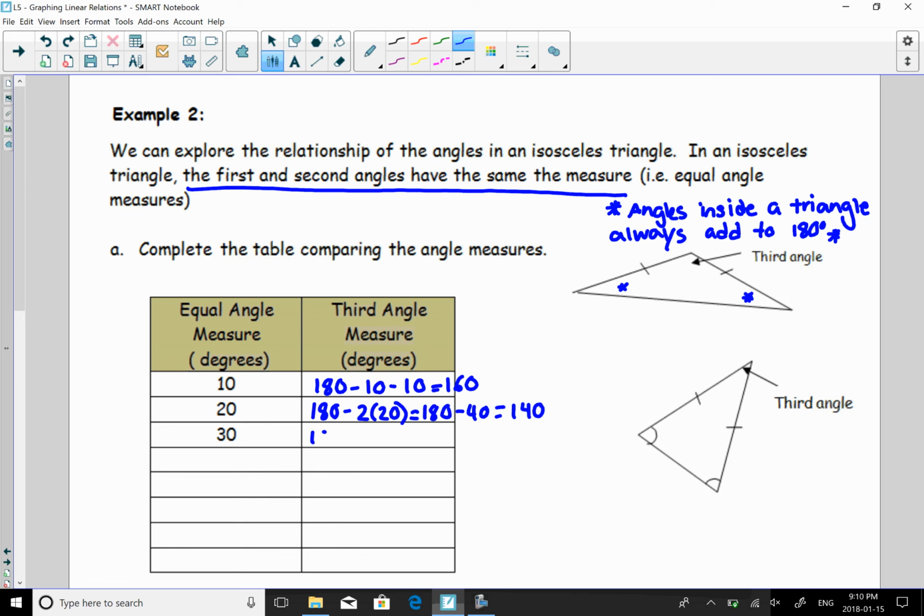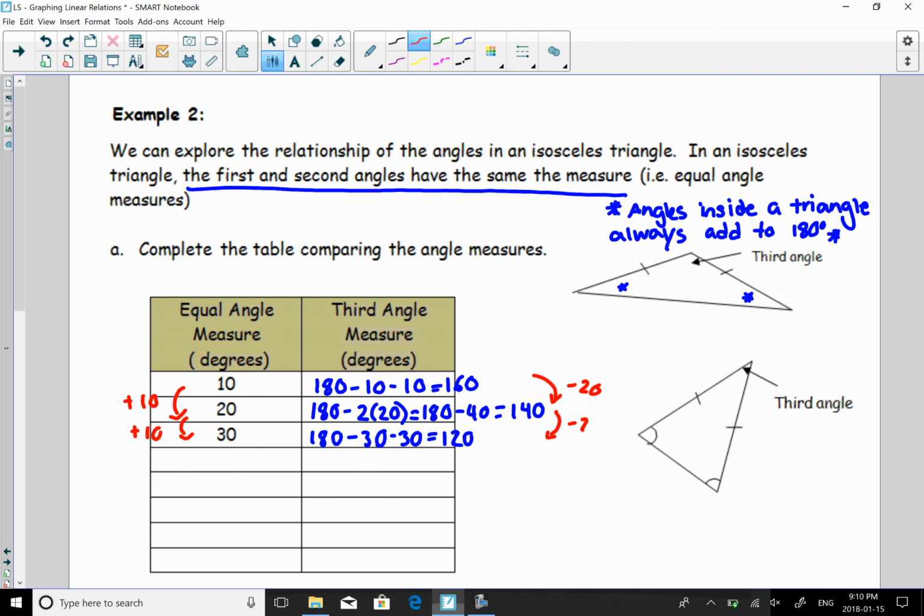And again, 180 minus 30 minus 30. You get 120. You'll notice a pattern that every time this goes up by 10, the third angle measure is going down by 20.